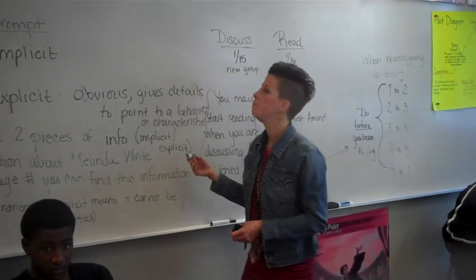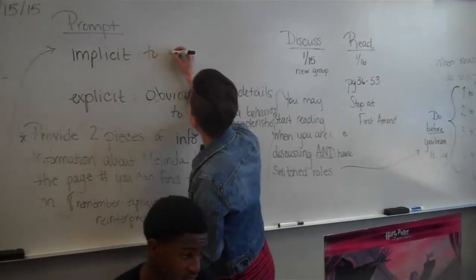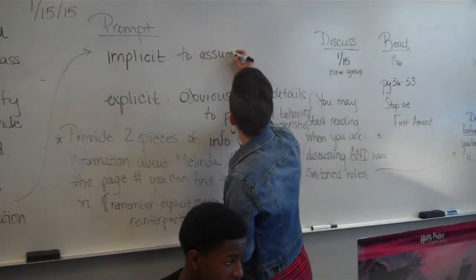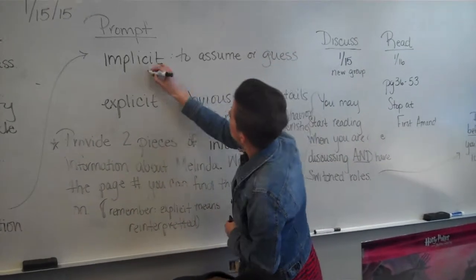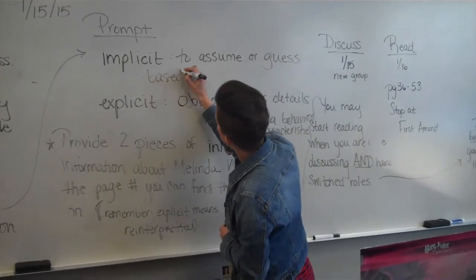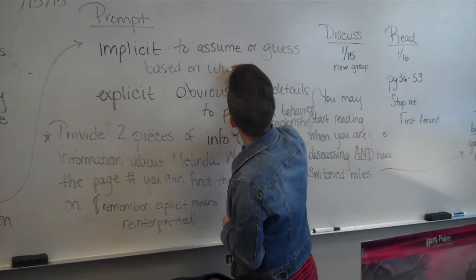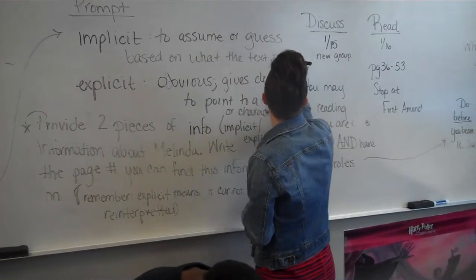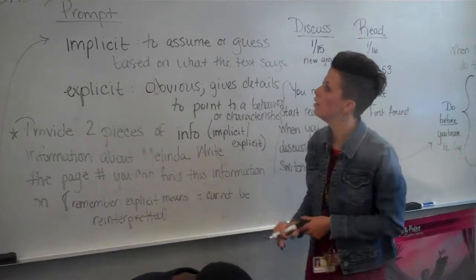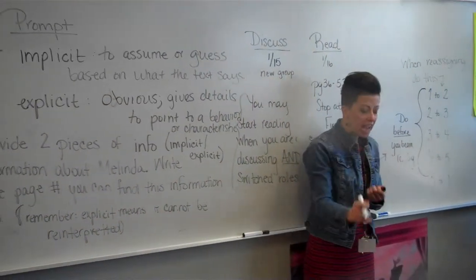To assume or guess something based on what the text says. Awesome. To assume or guess based on what the text says. And I couldn't have said it better. Thank you.